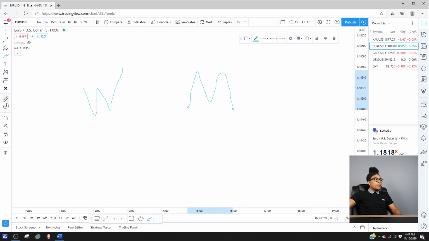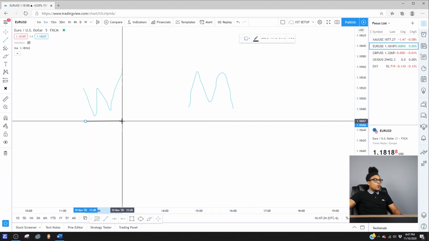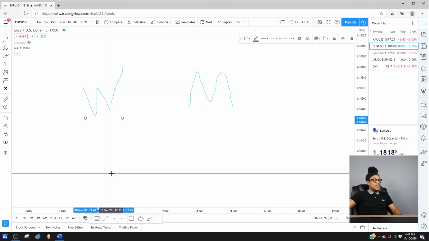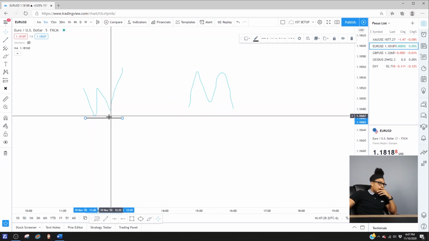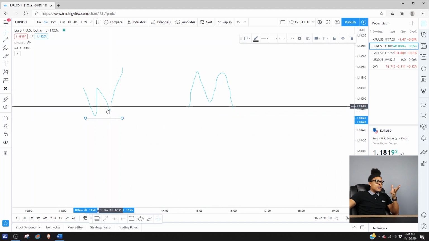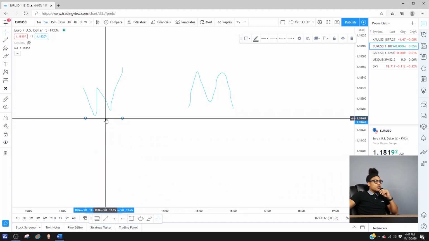So right here, let me get this line. Right here is what we're going to call liquidity, because if you were to buy this, your stops would be under these lows, under market structure.